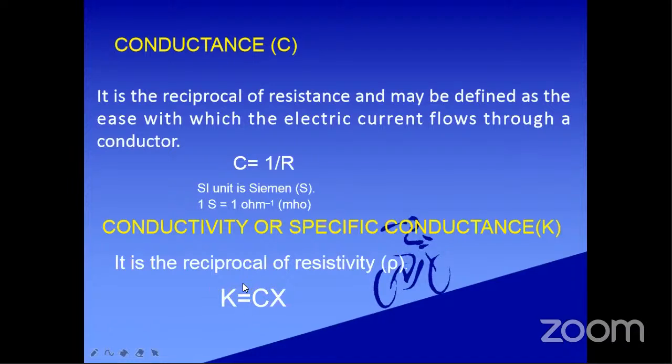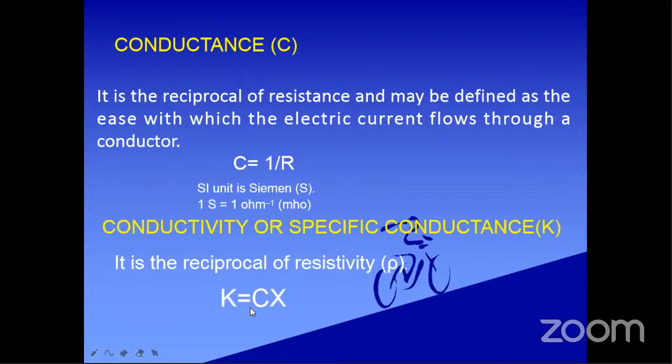That means the relationship between the specific conductance and the cell constant. He will give the length, area of cross section, and specific conductance, and ask you to find the conductance value. Otherwise, we will give the conductance as well as the cell constant value, length and area of cross section, and then we have to find the K value. K equals the given conductance value into the cell constant, length divided by area of cross section. This is also important for numerical problems.